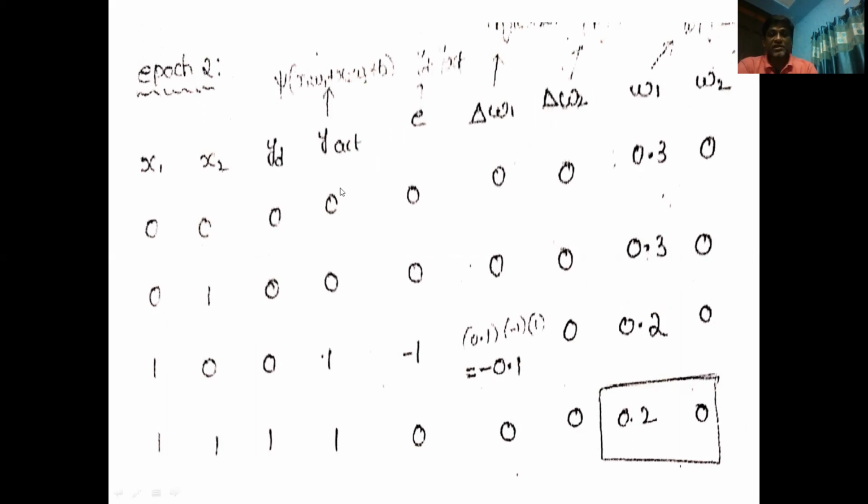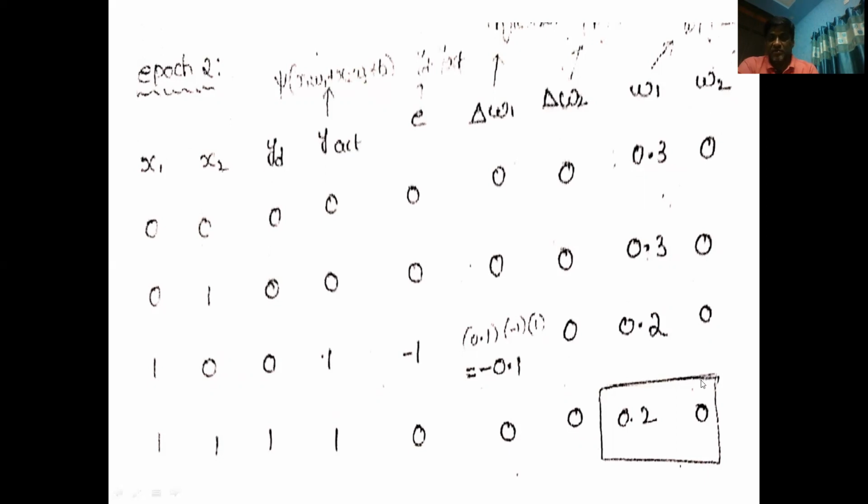We calculate the actual outputs from the neuron. The desired responses are going to be the same. We calculate the error terms and update the corresponding delta W1 and delta W2. Because this epoch also contains non-zero error terms, we'll continue with the next epoch also.